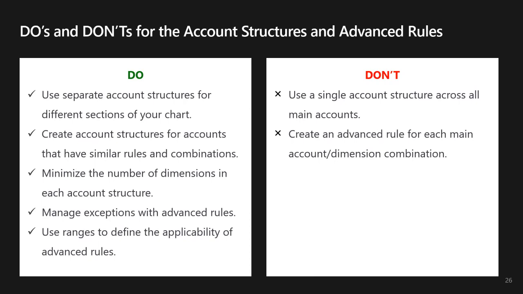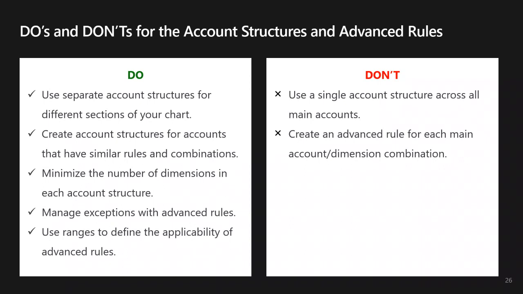When you're thinking about advanced rules, if you have 10 to 20 of these advanced rules, likely you're good to go. If you start getting into the hundreds of advanced rules, then I would say pause, take a step back and see, is there another way that we can configure this to simplify it?